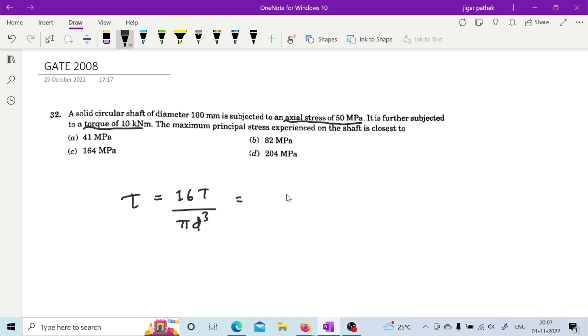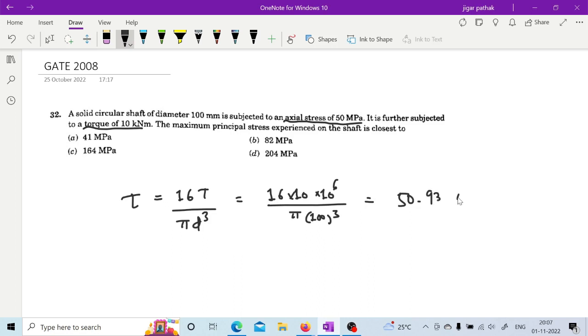This 10 kilonewton meter, I guess 10 into 10 raised to 6 if you convert it into mm, right? And then D is 100 mm. So tau would be 50.93 Newton per mm square.